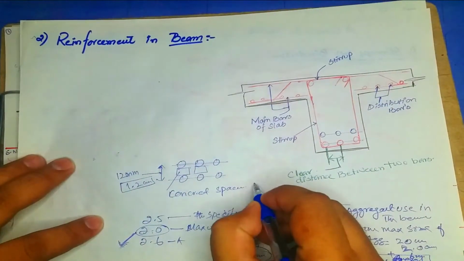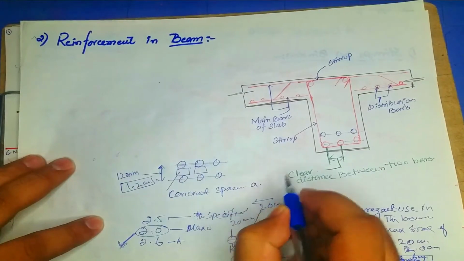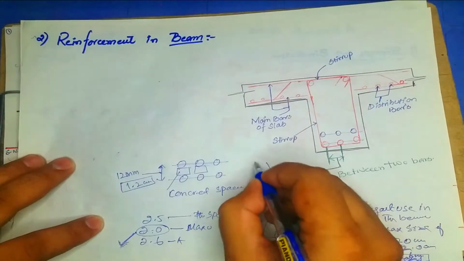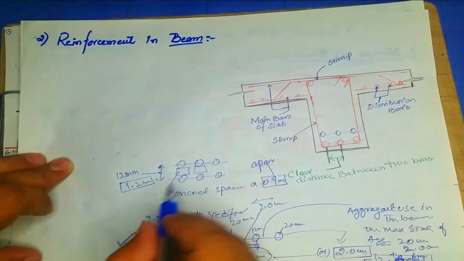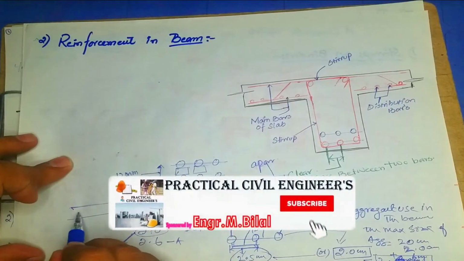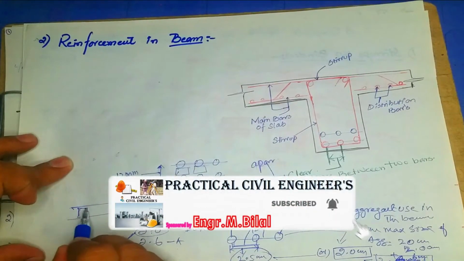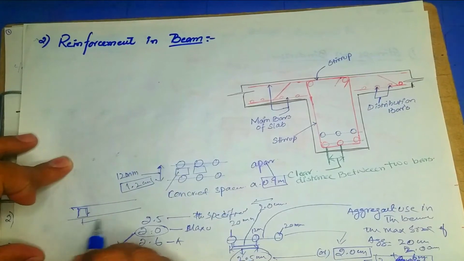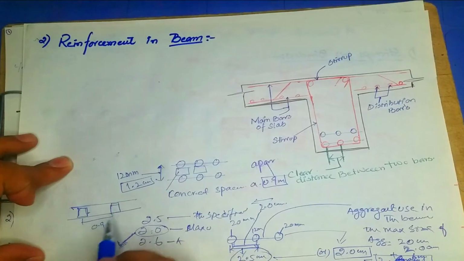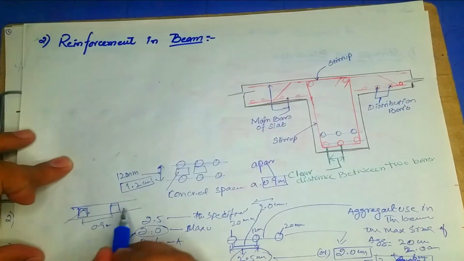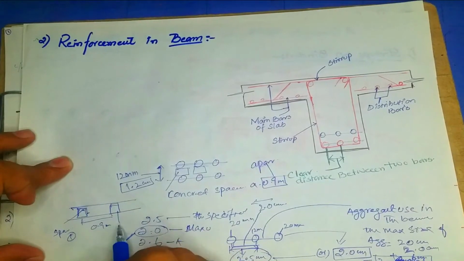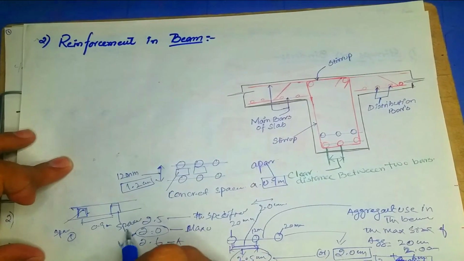At a rate of 0.9 meter apart along the longitudinal two layers of steel bar, we will provide one spacer at this point, and after 0.9 meter we provide the other spacer. So this is spacer 1 and spacer 2.